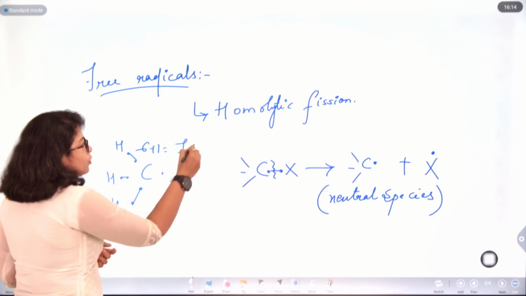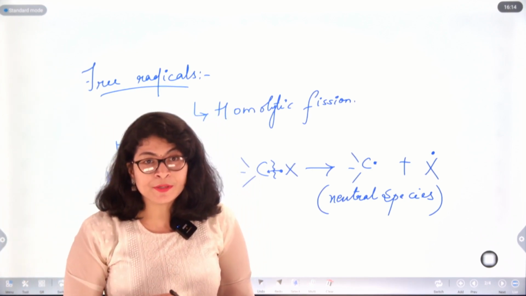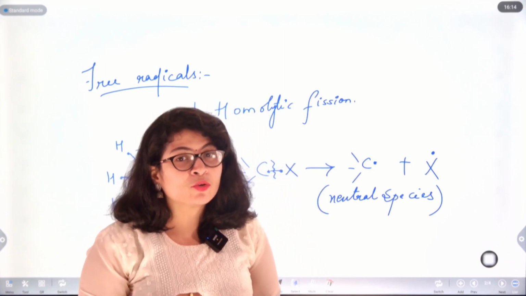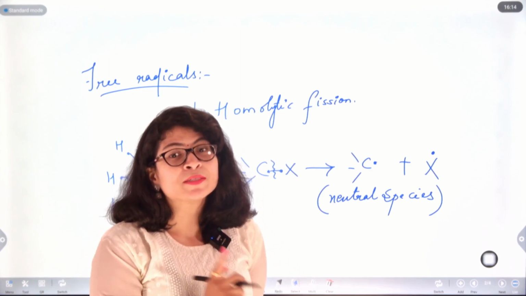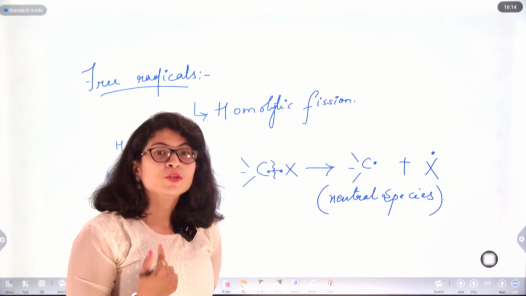So the total number of electrons around the carbon atom is 7. It is still deficient, right? It needs to acquire one more electron in order to be stable. That need makes that particular free radical reactive.